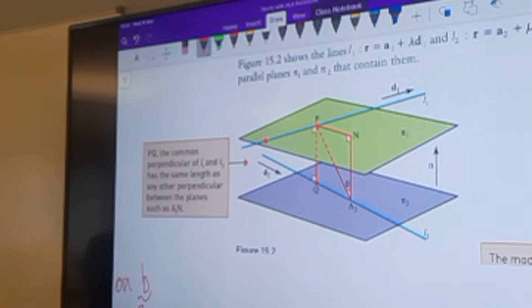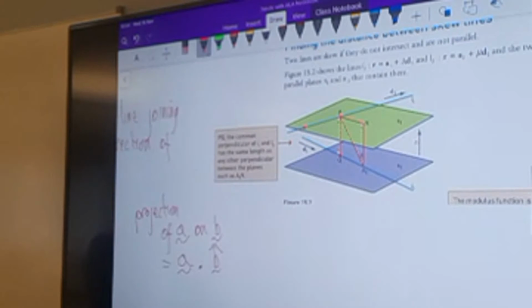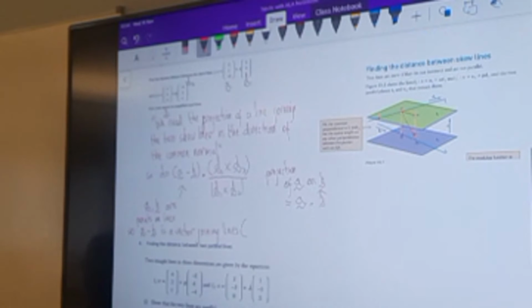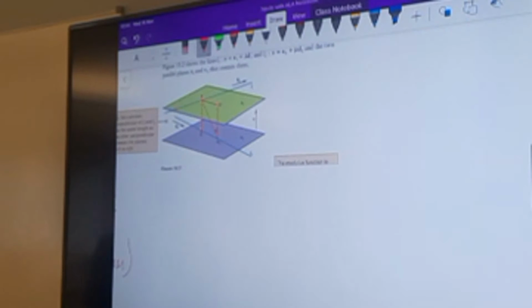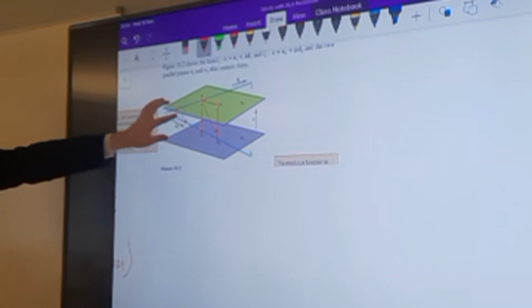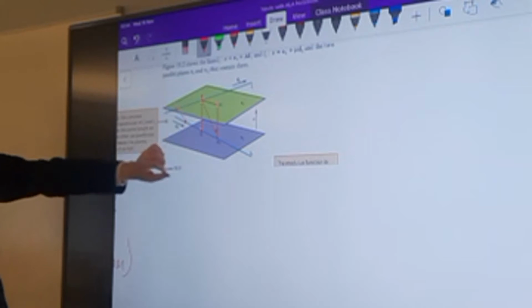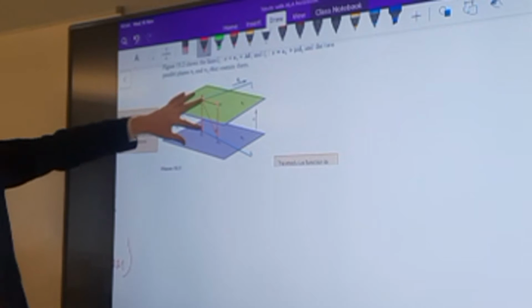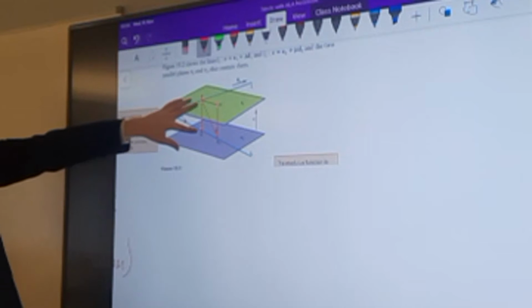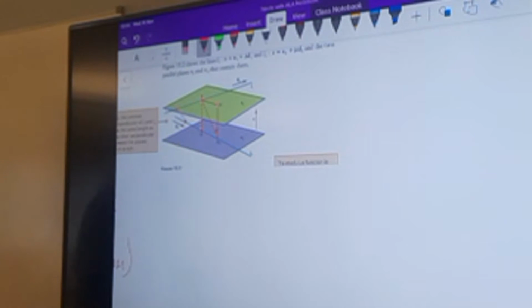It's PQ, but it can also be the vector joining those. The projection of that vector in that direction is the same as the projection of this vector in that direction. Any two points projected in that direction have the same projection.